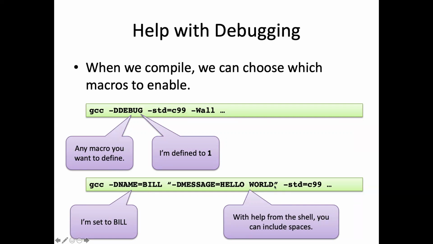But like I did here, if you wrap double quotes around that, including the dash, that says to the shell, this is all one command line argument, even though it's got some spaces in it. And this will let you embed spaces in the definition of any symbol value that you need. You just have to keep the shell from breaking up the arguments at those spaces.